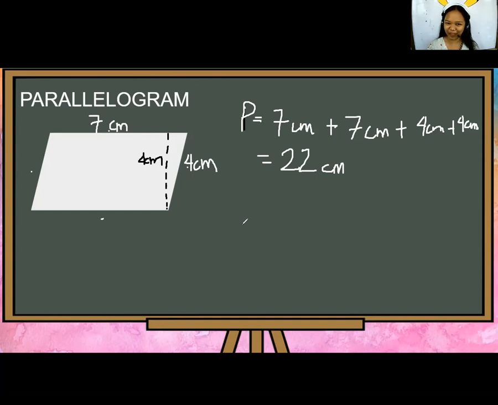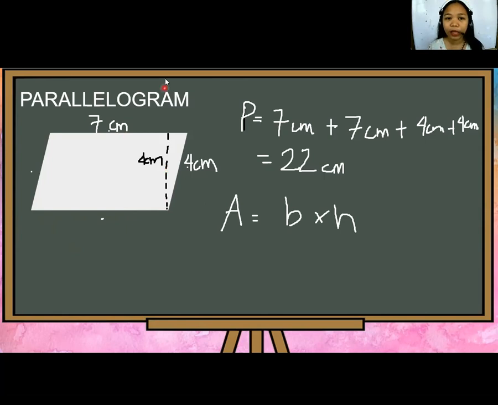Now, let's talk about the area. The formula in getting the area of a parallelogram is equals to base times height. Okay, the base is here, the length of this part. And the height is the measurement from this point to the top.